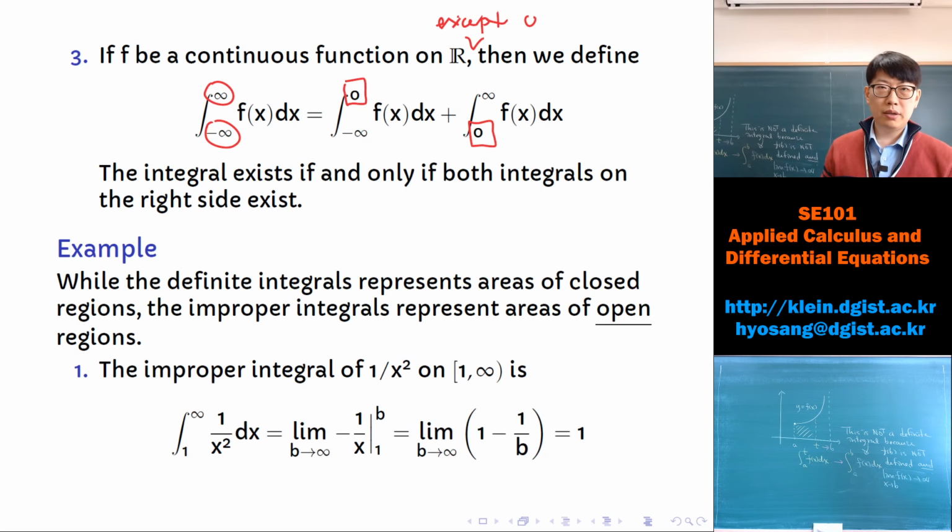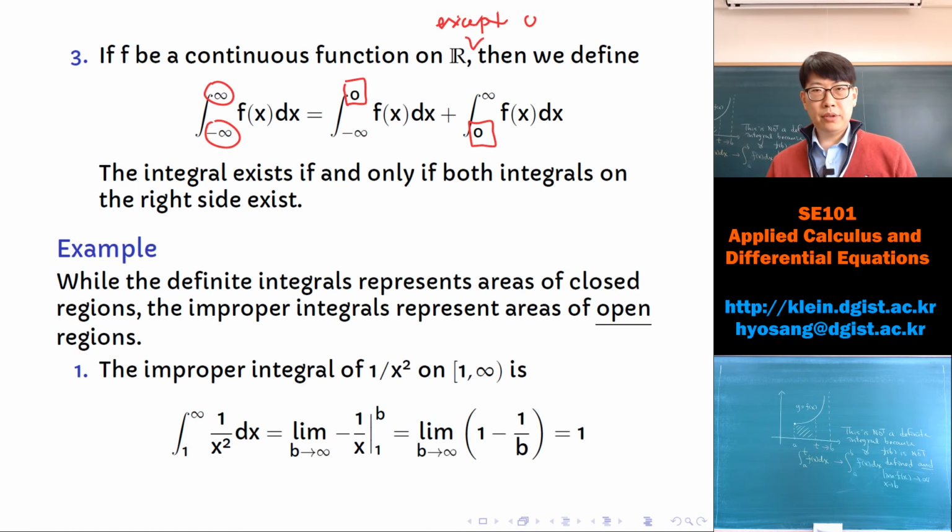Then we can define an integral as a sum of integrals, one from minus infinity to 0 and the other from 0 to infinity. And if the two improper integrals exist, then we say this improper integral from minus infinity to infinity exists.